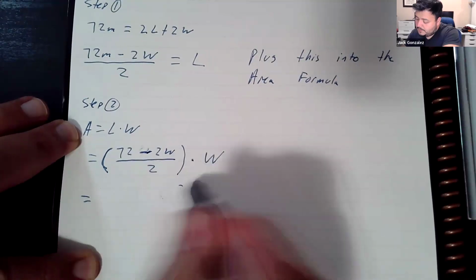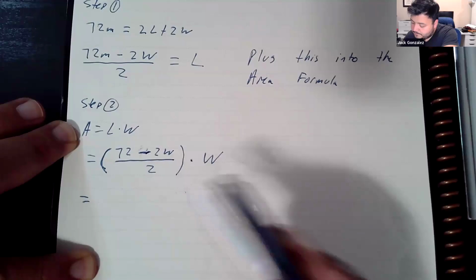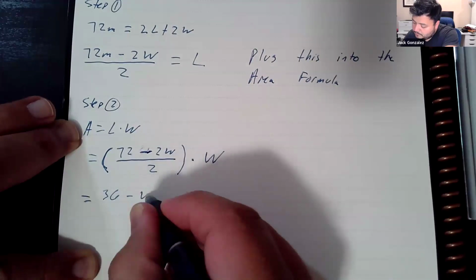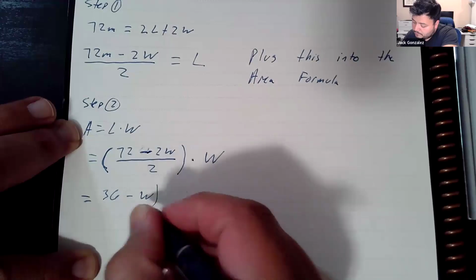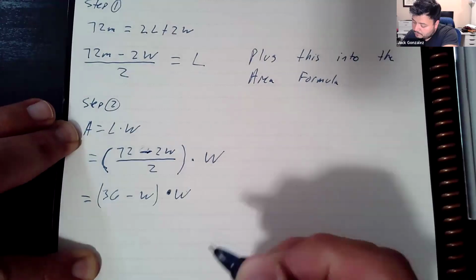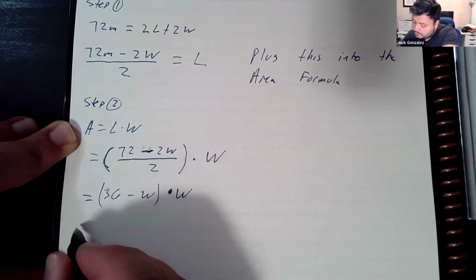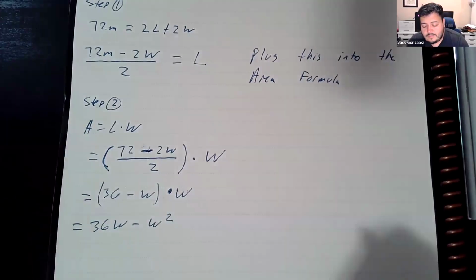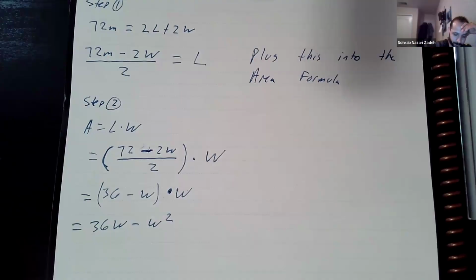You agree that this is 36 minus W. Then distribute the W in, and then we get this. Is that okay? Got it. Thank you.